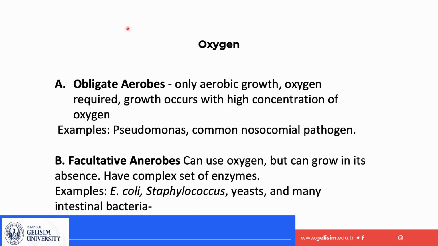Without having to go into details about what we just explained in the previous slide, examples of obligate aerobes include Pseudomonas, and these are common in nosocomial pathogens. An example of a facultative anaerobe would be Staphylococcus, E. coli, yeast, and many other intestinal bacteria.